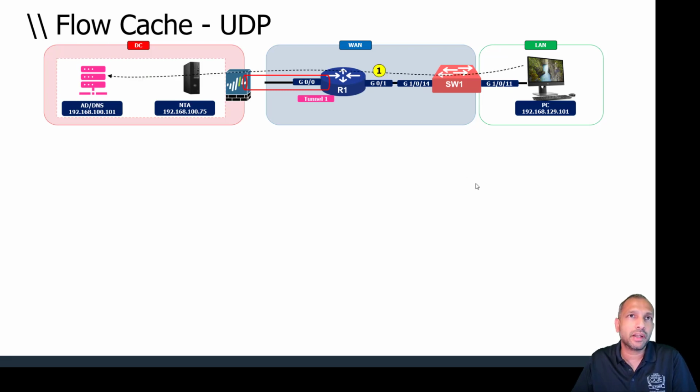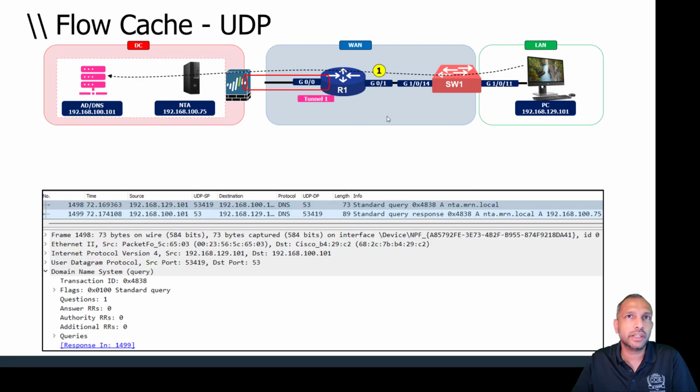In this example, while doing this testing, I captured the Ethernet traffic of this wired PC, so you can compare what the packet capture looks like versus the flow cache. You can see there are DNS query and DNS response messages.